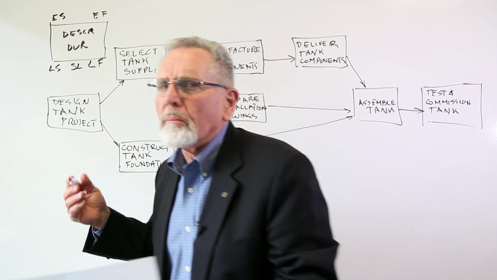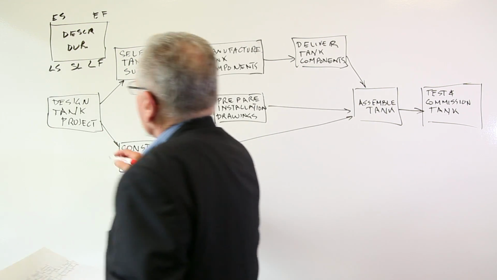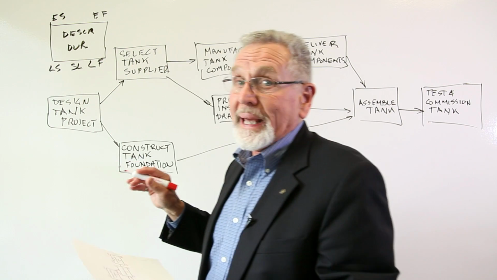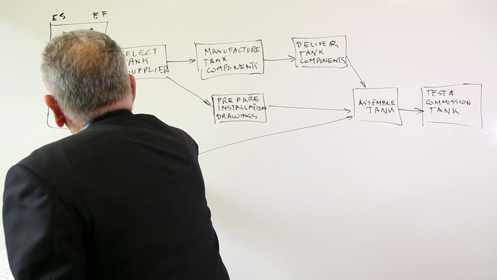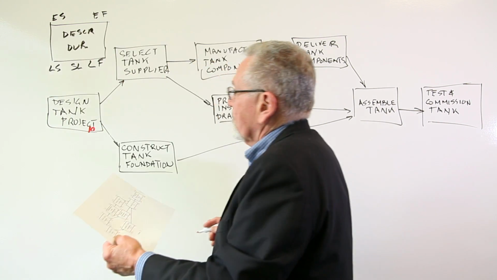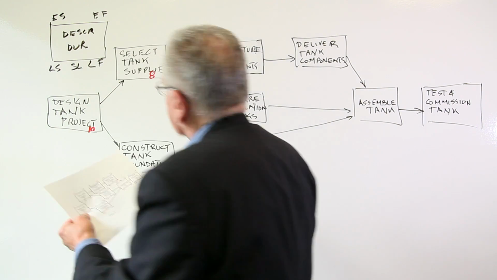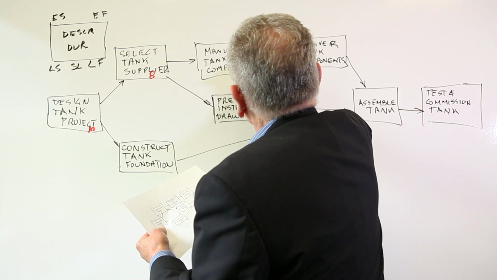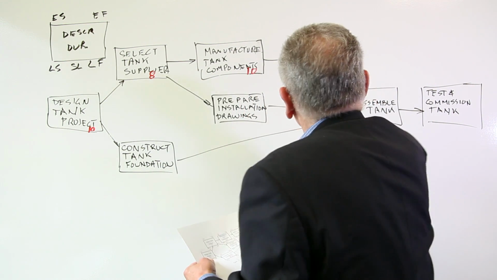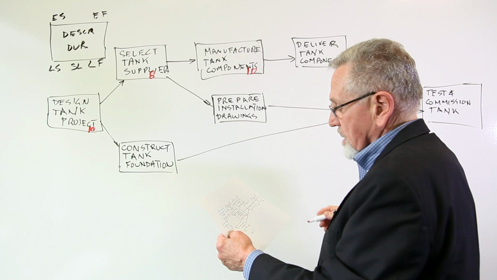We'll just put in some numbers here to demonstrate. Let's suppose, and these durations will be in days, okay? So let's just put in here 10 days for designing the project, 8 days for selecting the supplier, 10 days for manufacturing the components, and 4 days to deliver it to the job site.